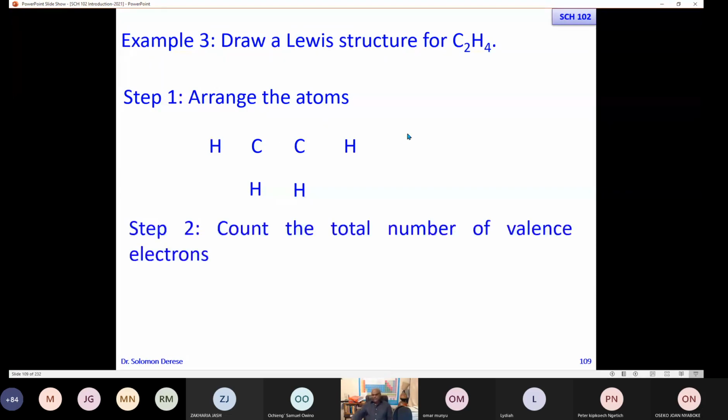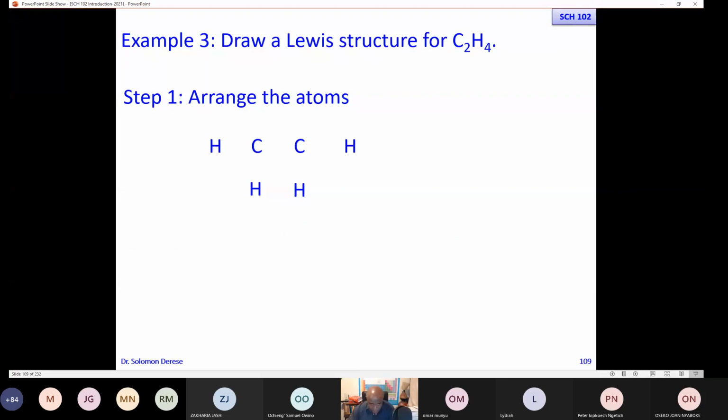Now, when you look at the carbon, remember what we said. When we arrange the atoms as a first approximation, we should not surround a particular element with more than the number of bonds it usually forms. For example, if it is carbon, we should not surround it by more than 4. In this particular case, this carbon is surrounded by 2 hydrogens and the other carbon, only 3 atoms.